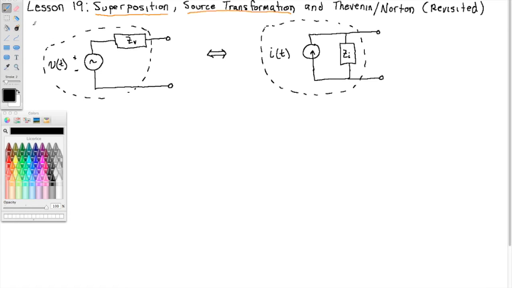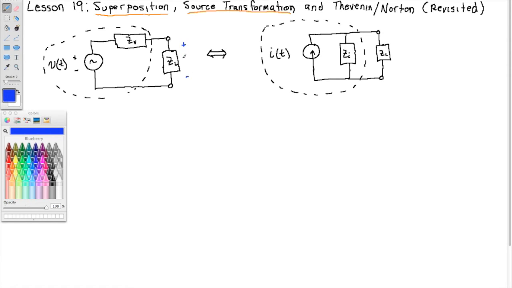Alright, so now I want you to consider a connection. Call this ZL for load. And the same connection over here, ZL. So ZLs are equivalent here. As soon as I make that connection, I get a voltage across that.